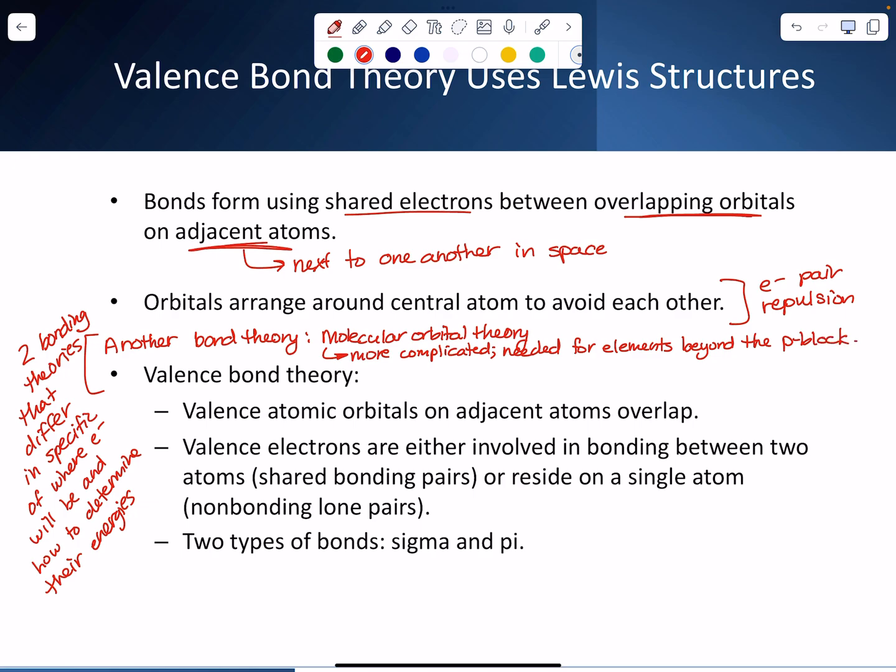But again, if you're talking organic chemistry and you're dealing with carbons, hydrogens, nitrogens, oxygens, things like that, valence bond theory works pretty well.